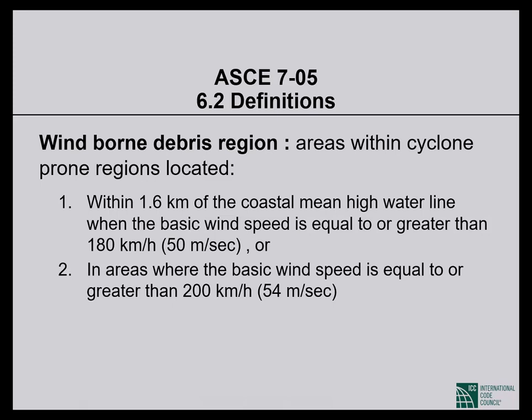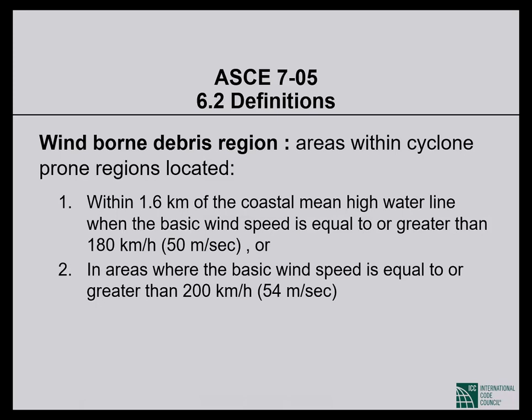So, not anywhere. The windborne debris region is part of the cyclone prone region. That's the first thing. Within a cyclone prone region, if the wind velocity is more than 54 meters per second, you have a windborne debris region. And within 1.6 kilometer, a mile, of the coast, if the wind speed exceeds 50 rather than 54 meters per second, you have a windborne debris region.